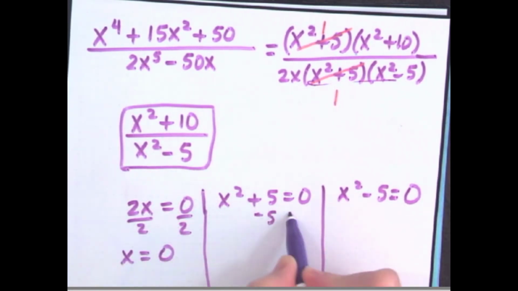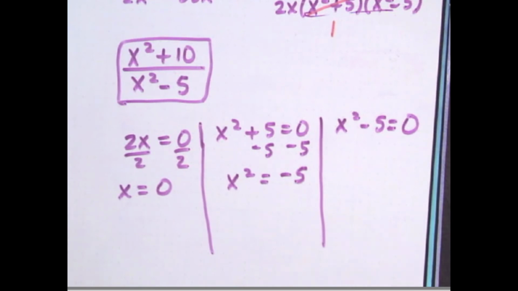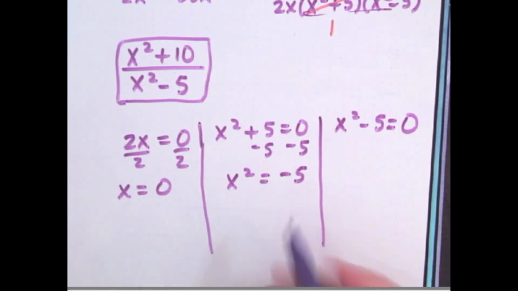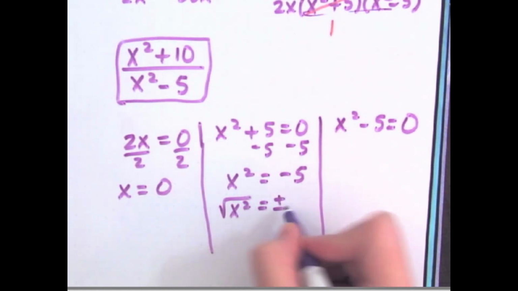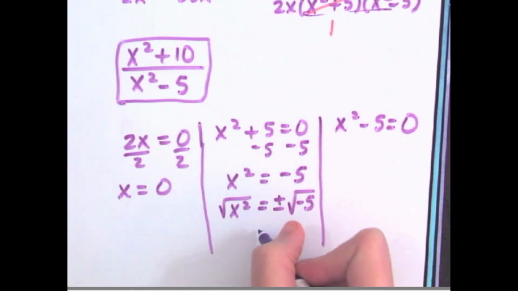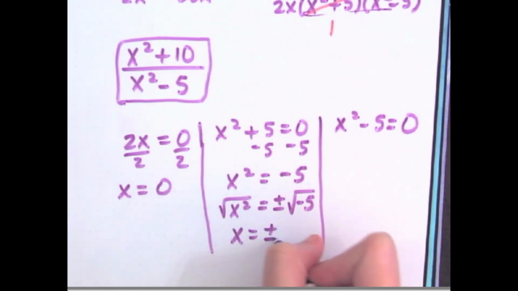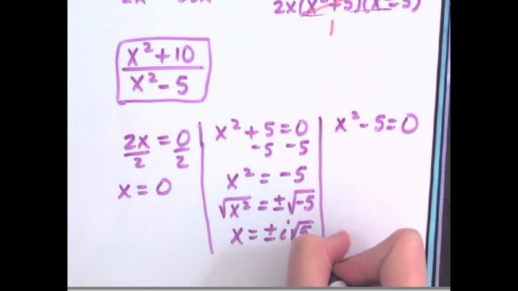Here we'll take away 5 and get x squared is equal to negative 5. And we've learned previously that we can take the square root of both sides. When we do that, we get a positive or negative. This would be irrational. That would actually be i, the square root of negative 1, so we would just park the i in front.